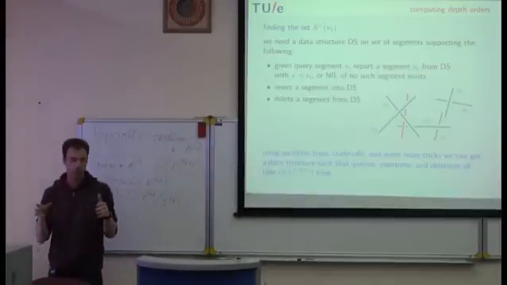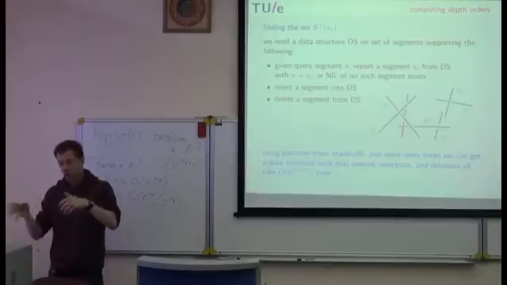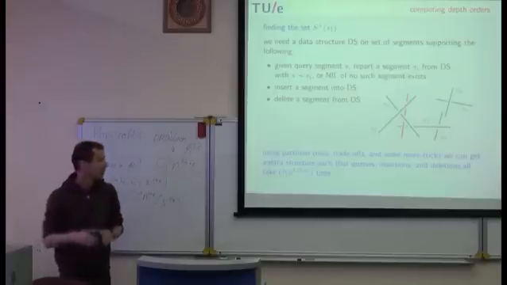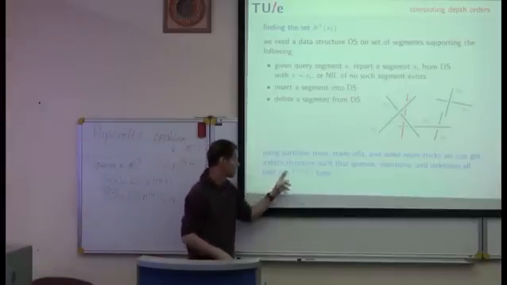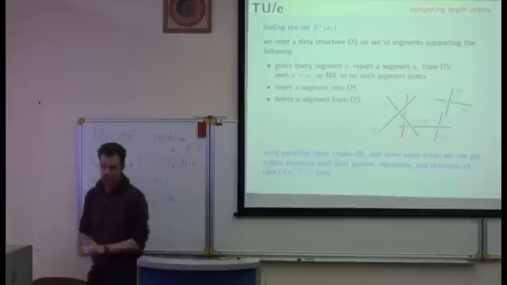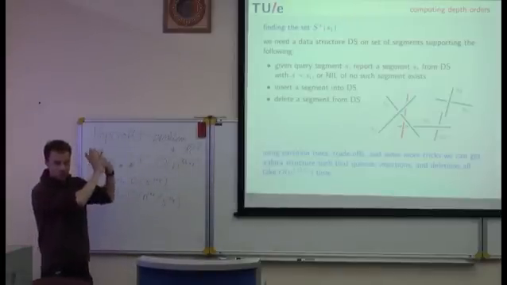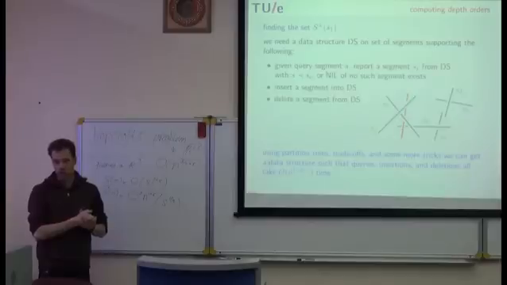It's going to use n to the power 4/3 storage, and you get the same time for insertions and deletions. So let's just assume that we have this data structure.